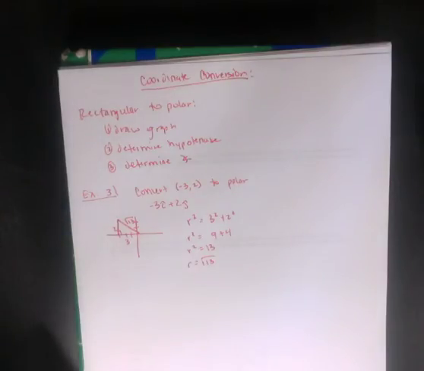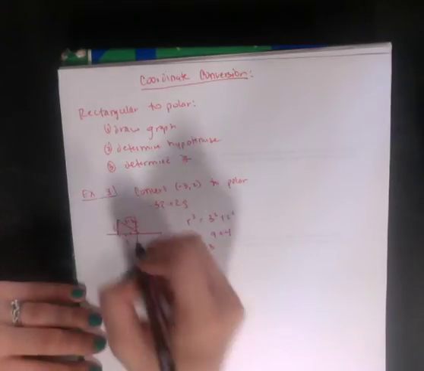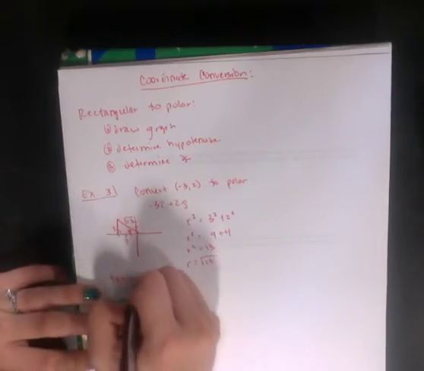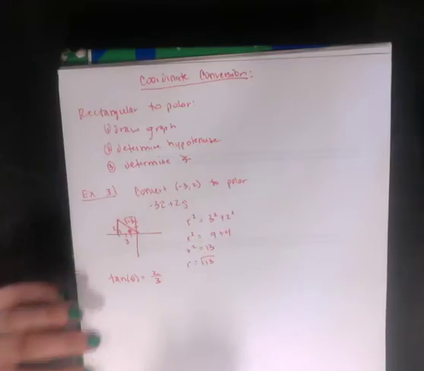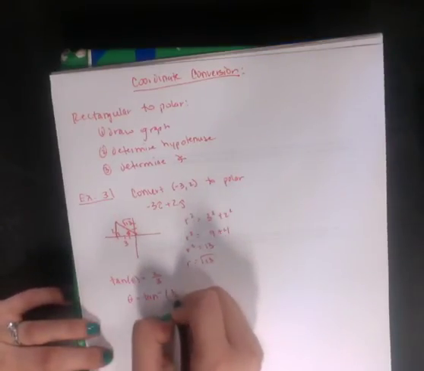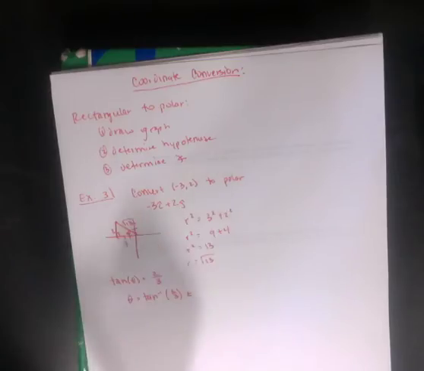And I can find my theta, right? I can find my theta by using tangent. This is my theta. I know that the tangent of theta is opposite over adjacent. So theta is the inverse tangent of 2/3, which I did not bring my calculator.